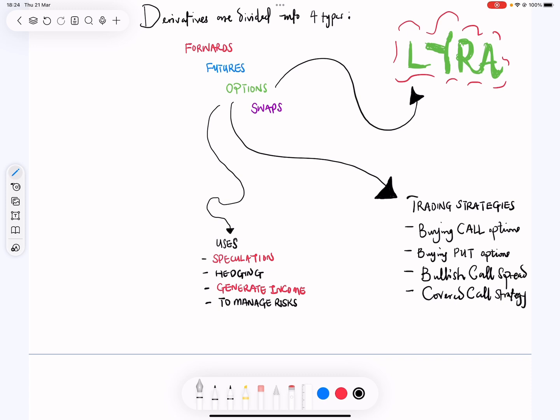If I buy a call option for ETH, which is now at 3.5, my strike price can be at 3.6. My prediction is that it will go higher than my strike price. The strike price is just like a threshold. Once it passes that, you are in the green. Once it's below that, you are in the red.